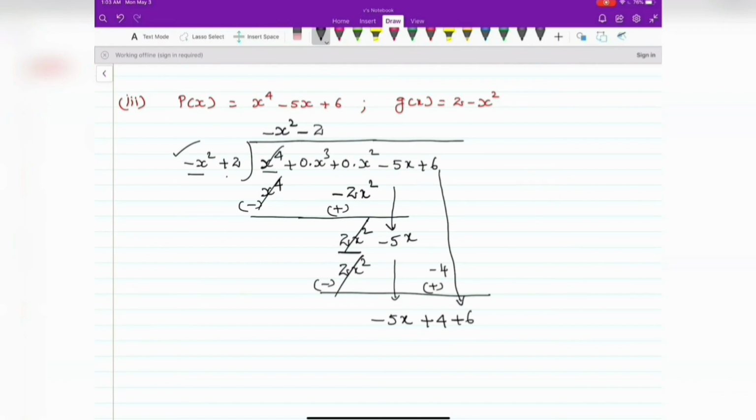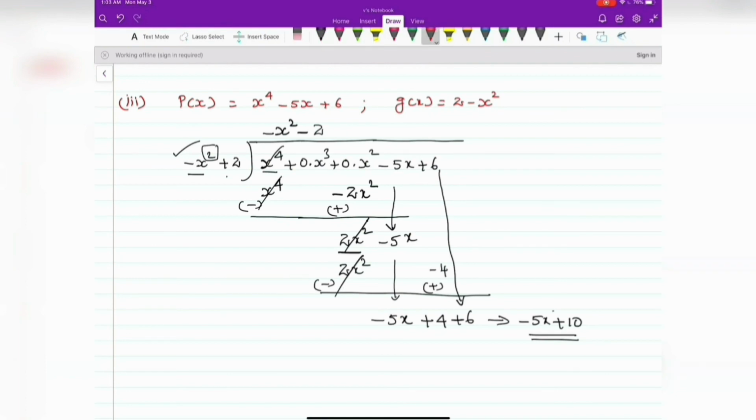This will give me minus 5x plus 10. If you see this, the degree of the remainder is lesser than the degree of the divisor. I have to stop the division process.